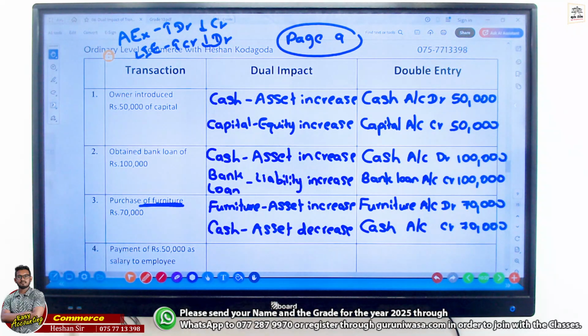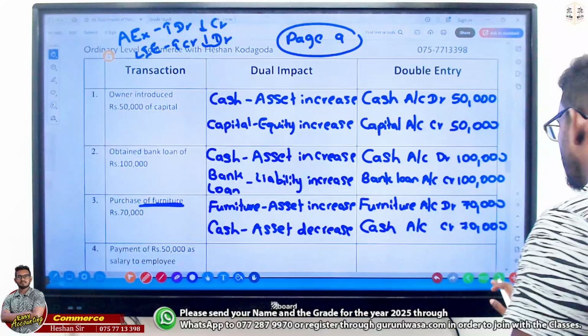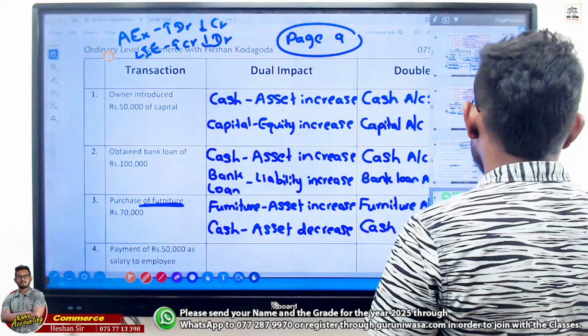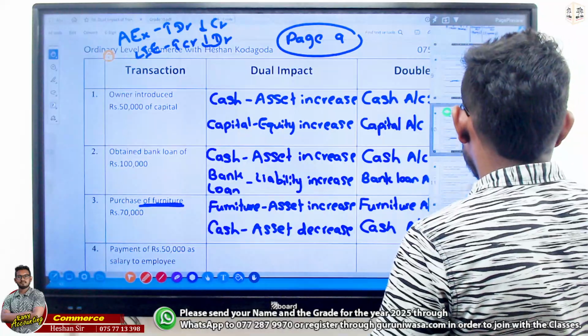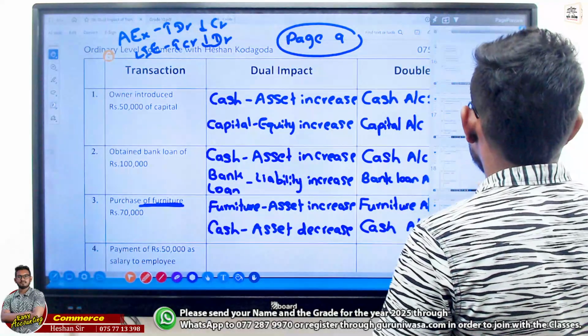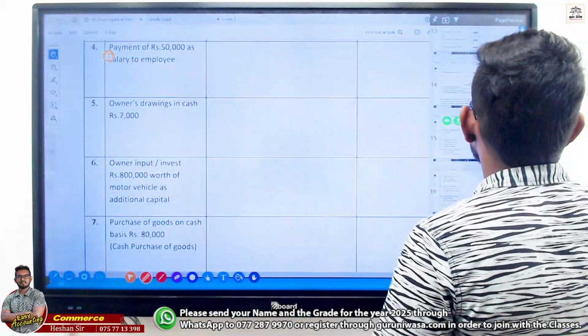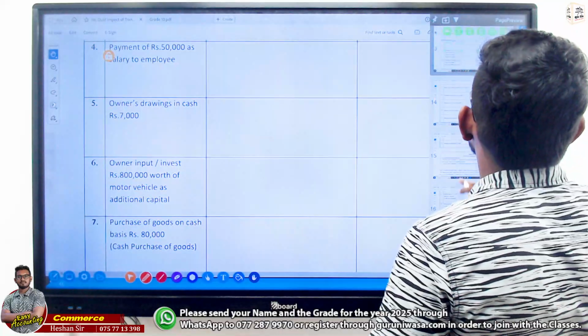Okay. Up to number 4 done. Up to number 3 done. Right? Let's go with number 4.